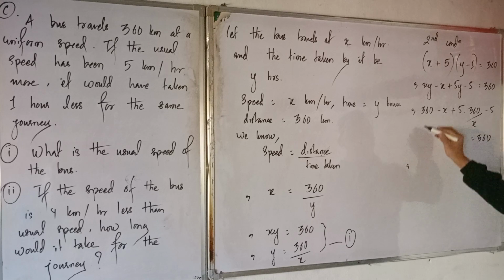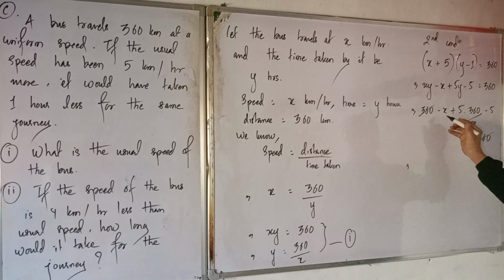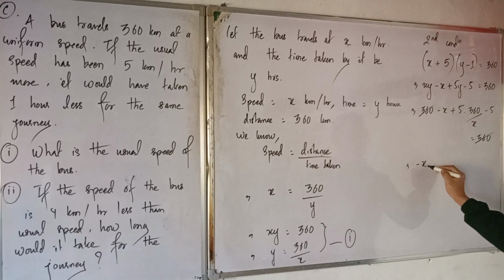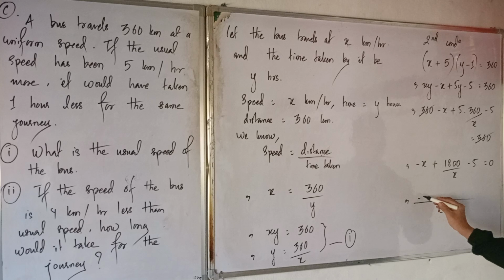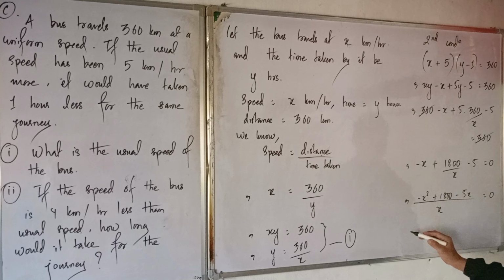Now we can cancel this 360 and 360, and the remaining is minus x plus 5 times 360, which is 1800, divided by x, minus 5 equals 0. Now here you take LCM x, this becomes minus x squared plus 1800 minus 5x equals 0. This x will go with the 0.